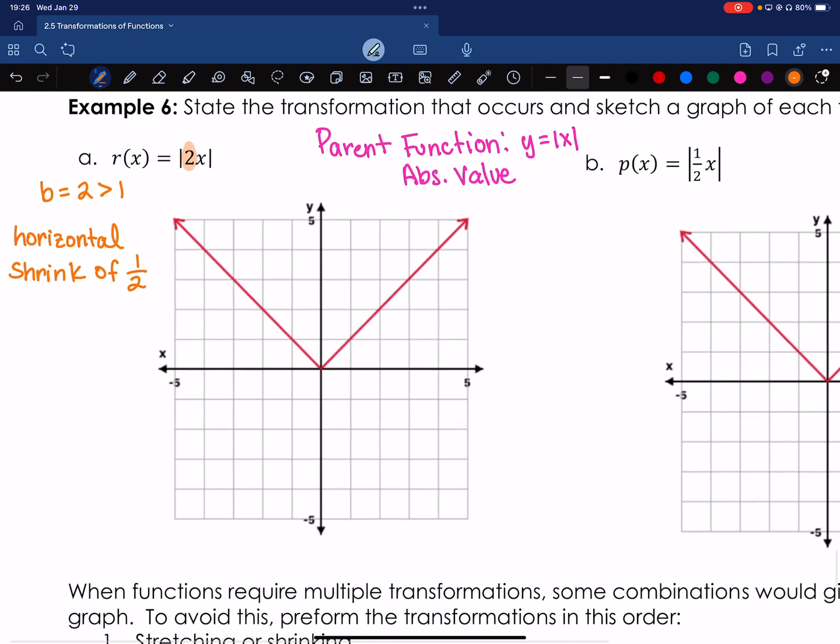So we're going to take some of these points here. So I'm going to do pretty points. I'm going to make sure that we get some nice pretty numbers. So I'm going to do -2, 2, of course, 0, 0, and then again 2, 2.